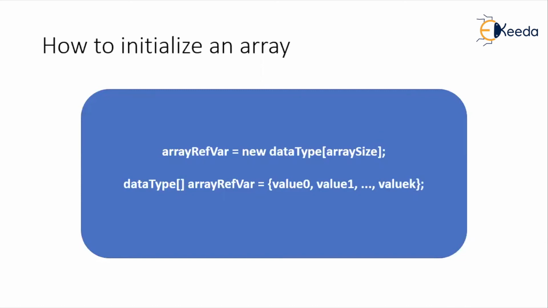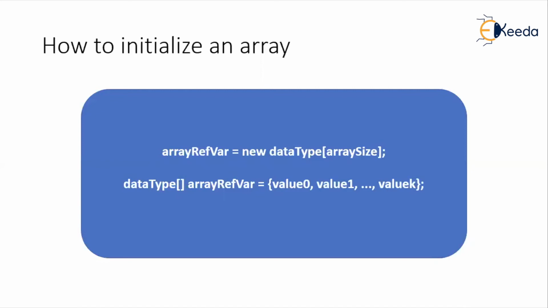The number of elements multiplied by the bytes required for that data type to store a value is how much memory will be allocated for this array. So this is how initialization of the array will be done.